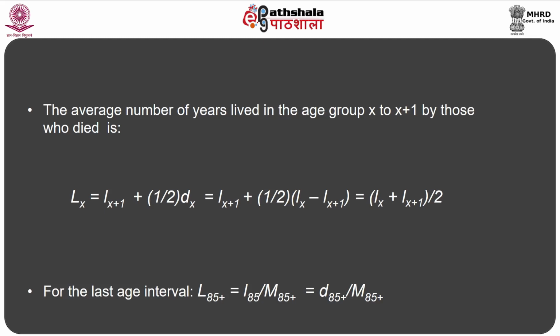For the last age interval, capital L85 plus equals small l85 plus divided by M85 plus, equals D85 plus divided by M85 plus.